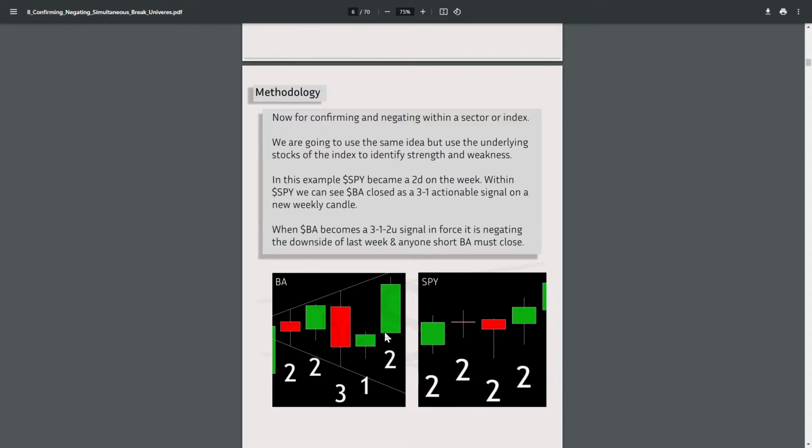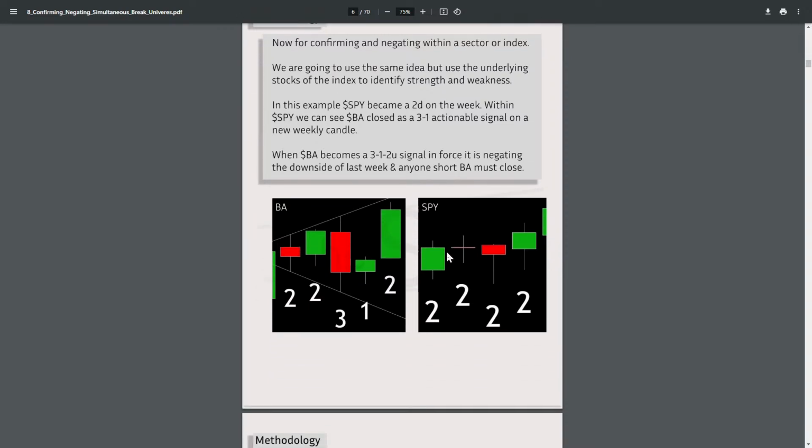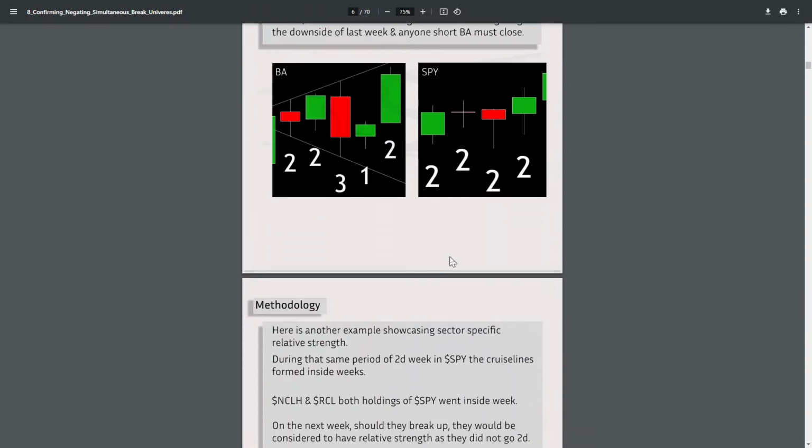So once we go 3-1-2 up in force, anybody who was short last week has to get out because they're now losers, and continuity has changed with this inside and up starting the new continuity on the week. So anyone who is short in BA has to close because we reversed. Changed weekly continuity, changed daily continuity.